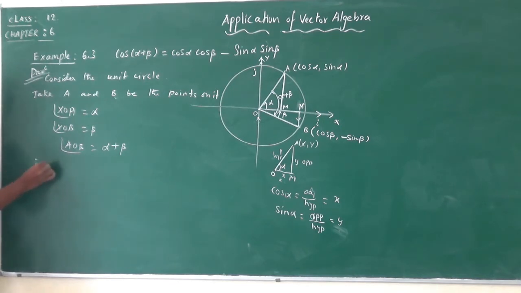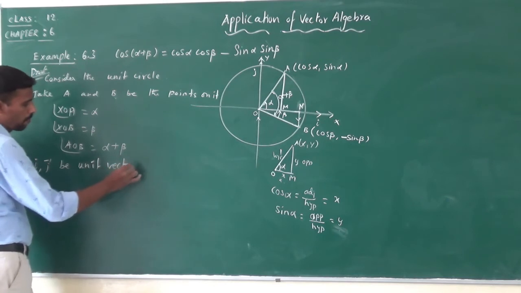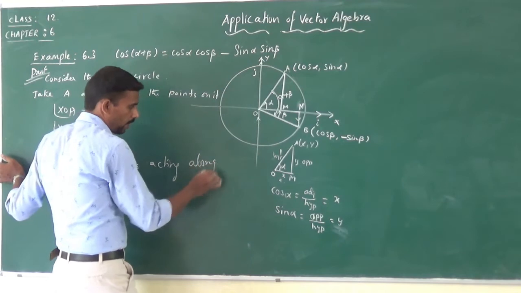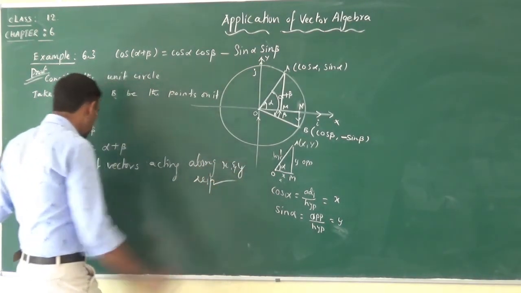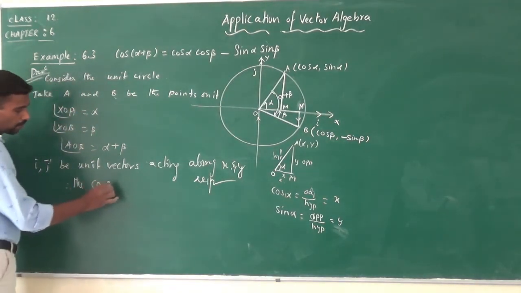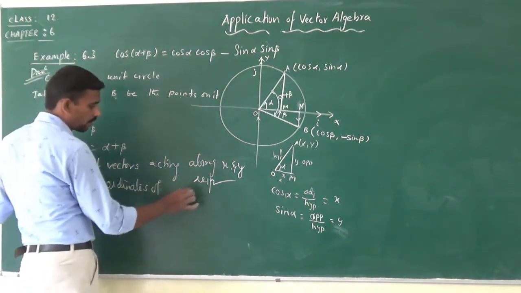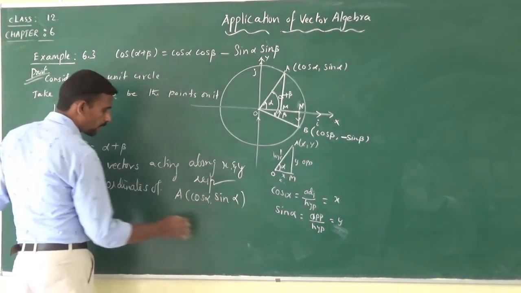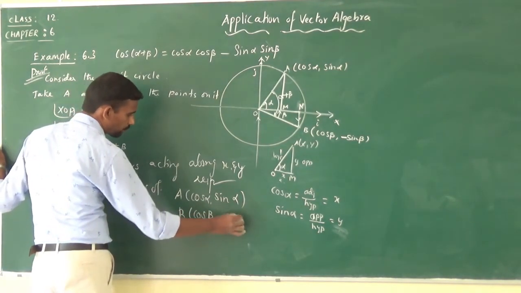And let i vector and j vector be the unit vectors acting along the x-axis and the y-axis respectively. Therefore, the coordinates of A are cos alpha, sin alpha, and B is cos beta, minus sin beta.